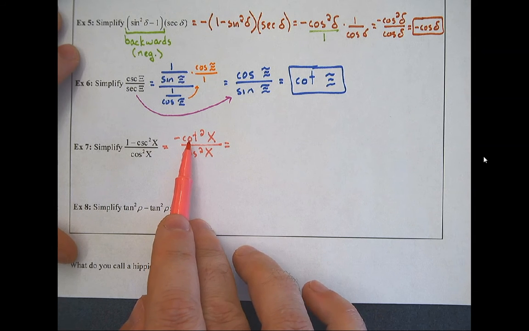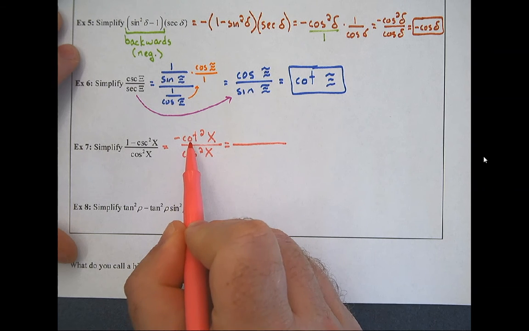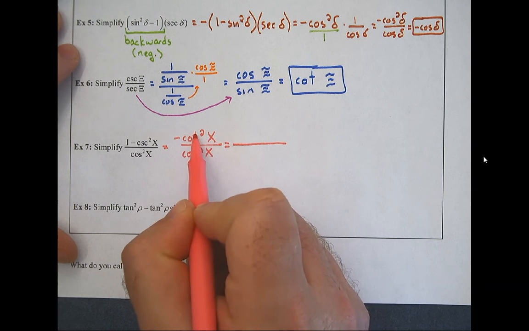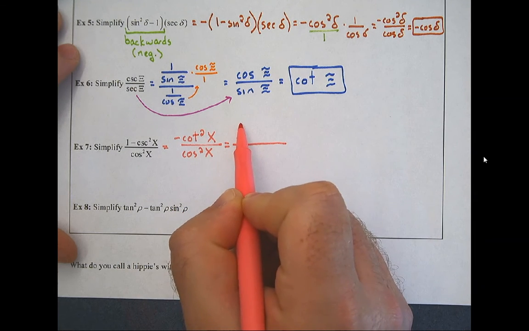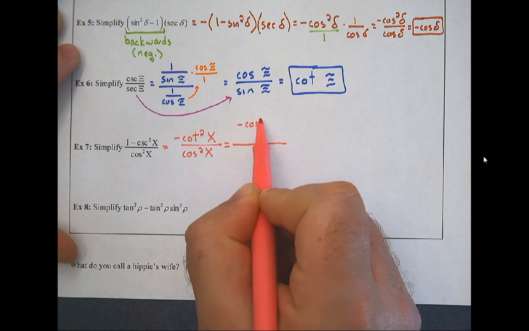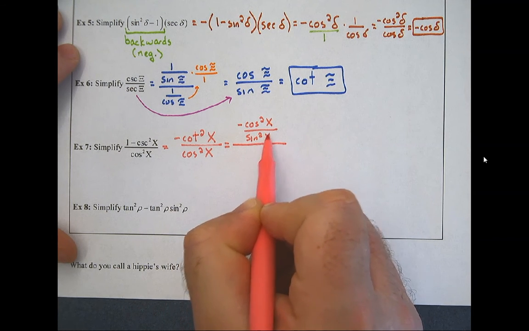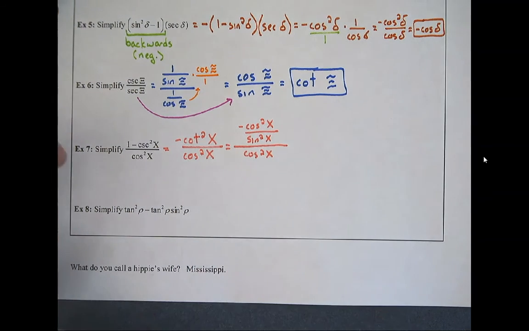Oh, cosine squared. Cosine squared is one of our... cosine. I keep saying cosine. Cotangent. Cotangent is the same as cosine over sine. So negative cotangent squared would be negative cosine squared chi over sine squared chi, over cosine squared chi. Nobody in the world can divide fractions.